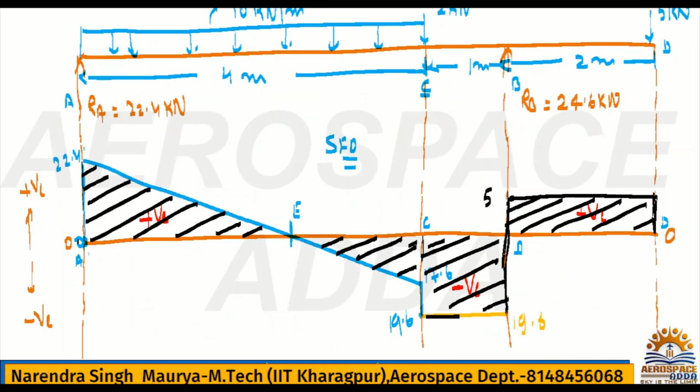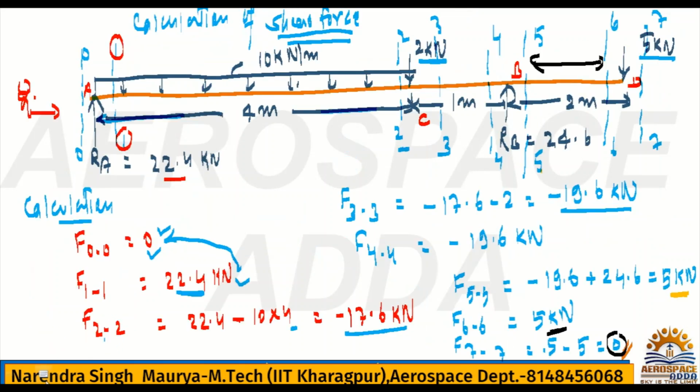So can I take this distance as x now? This distance is x. Now, if I ask for the shear force at E, just concentrate and you will get it. For F22 you calculated 22.4. Why 22.4?